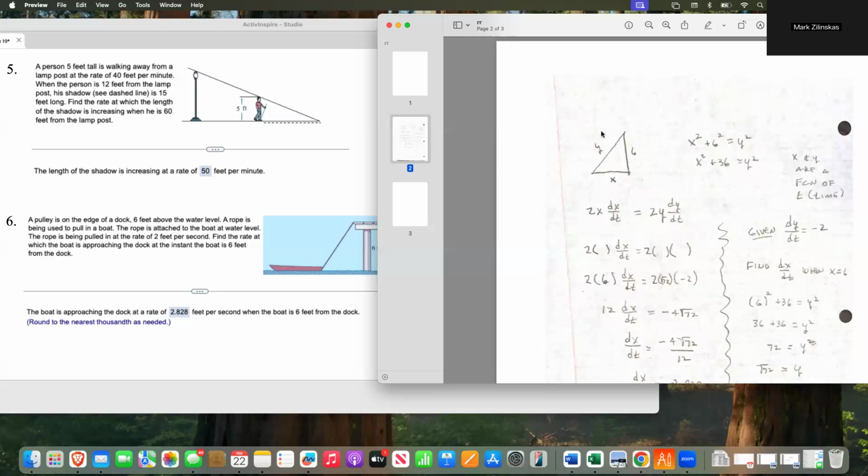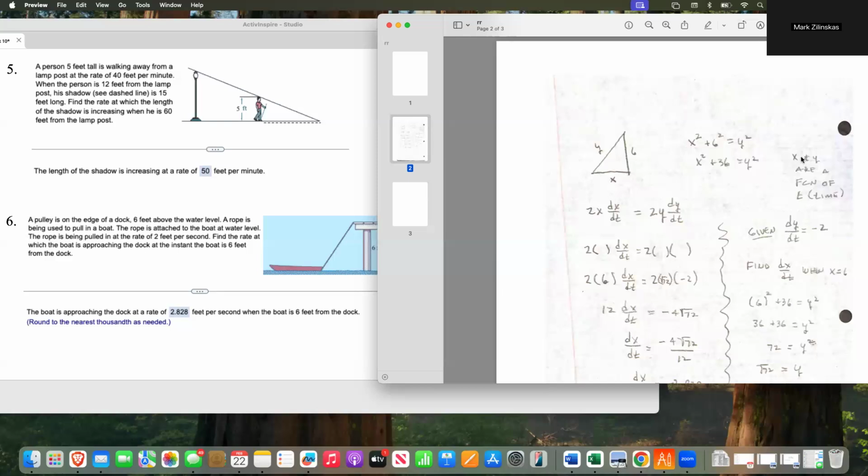So you can see what I have over here. I drew a right triangle. Should have put my little square in the corner here. But this side of the triangle is not changing. This is getting shorter. So obviously this leg also, which I designated as X, you can use any variable you want there, is also going to be changing.